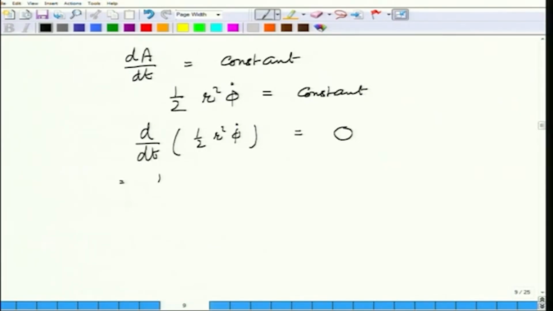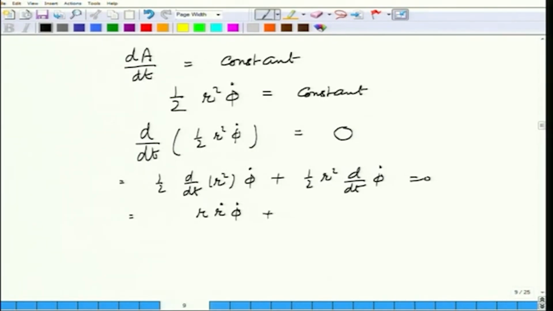It's going to be 1/2 d by dt of r square phi dot plus 1/2 r square d by dt of phi dot, and this is 0, which gives me r r dot phi dot plus 1/2 r square phi double dot is equal to 0.